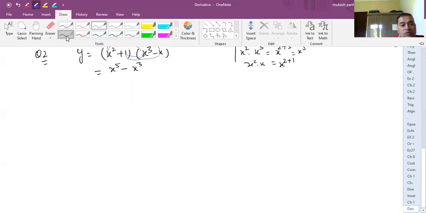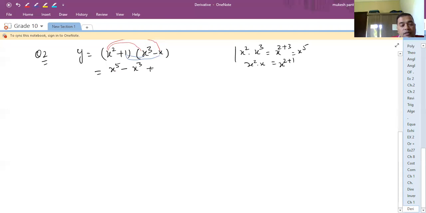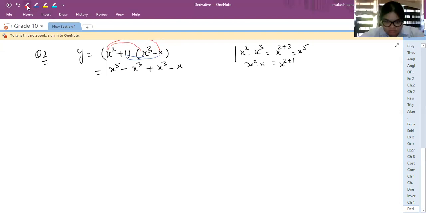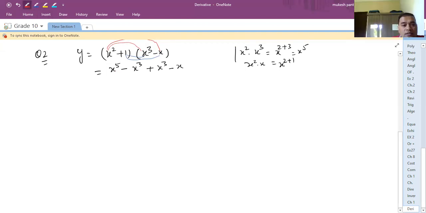You know, if you multiply any number or term by 1, the answer will remain the same. 1 times x cubed is x cubed, and negative 1 times x is negative x. Correct, guys? Now you can see this is negative x cubed and plus x cubed. They will cancel each other because one is negative, the other is positive.